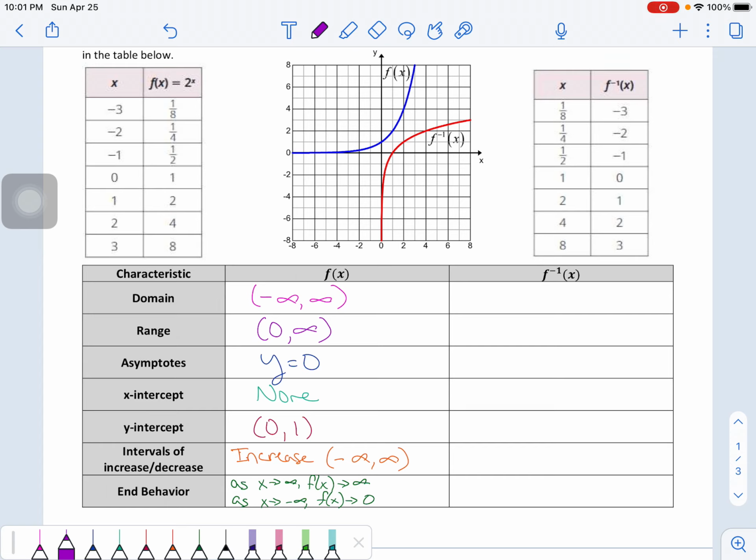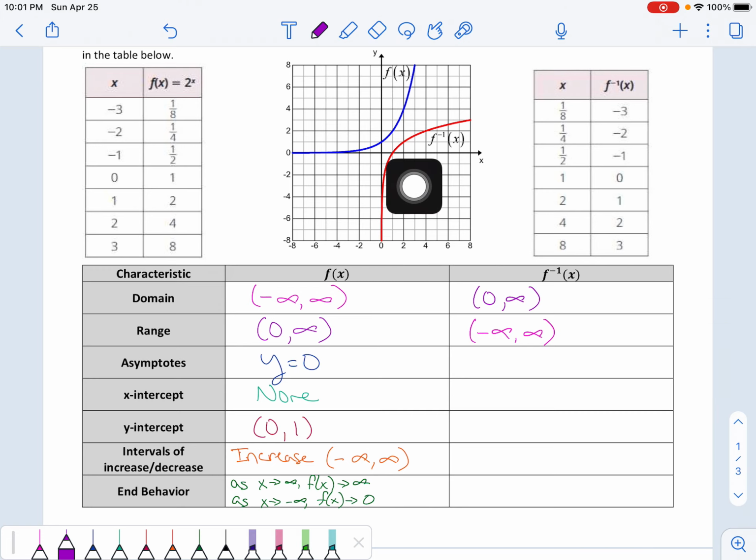You can graphically look at it, but there are some pieces I want you to recognize. First thing, domain and range are going to switch places. So this domain for the function becomes the range of the inverse. The range of the function becomes the domain of the inverse.